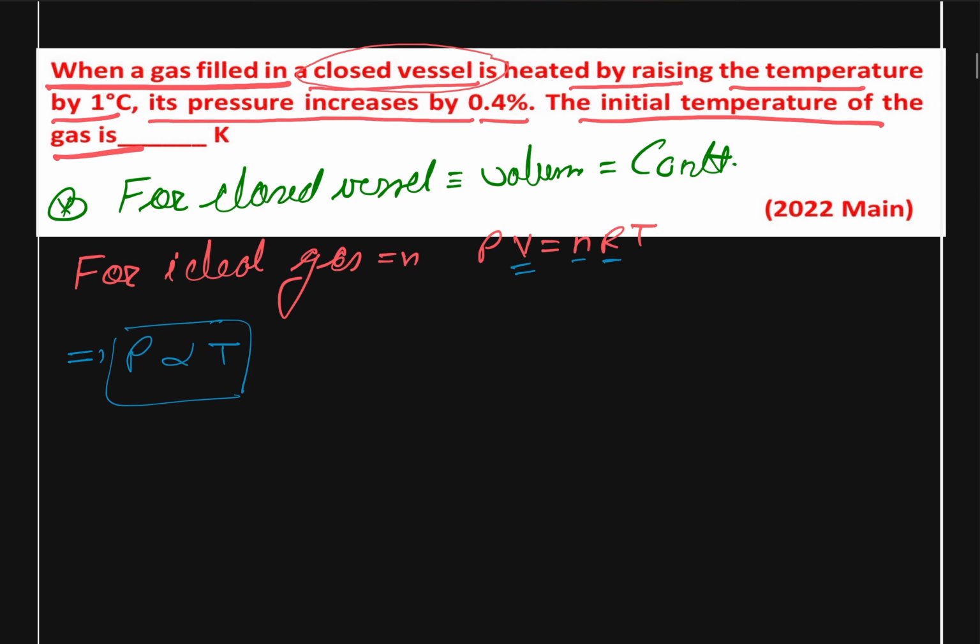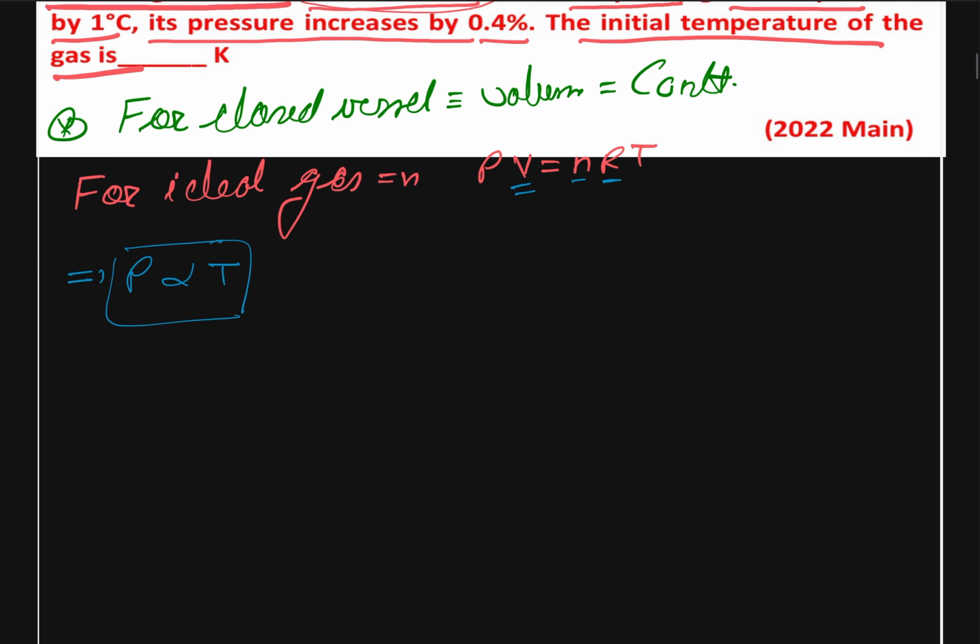We have said that its pressure increases by 0.4%, so change in pressure over original pressure is 0.004. This happens when the increase in temperature is 1 degree centigrade, so delta T is 1. In terms of Kelvin, the temperature difference will still be 1 Kelvin.